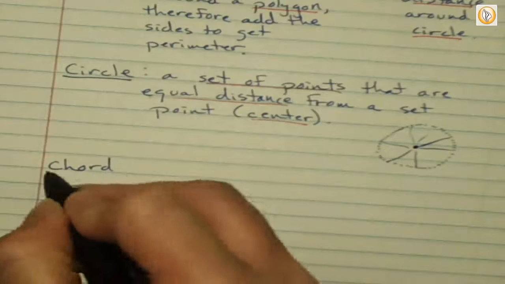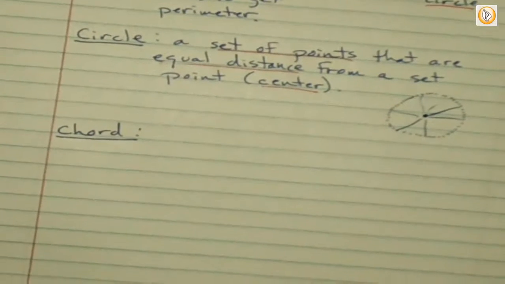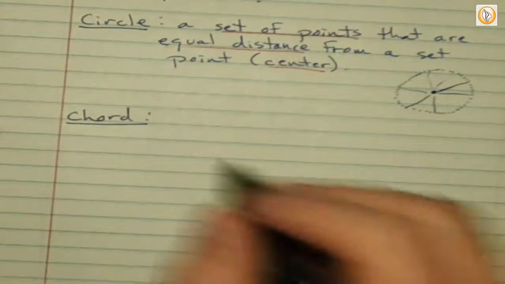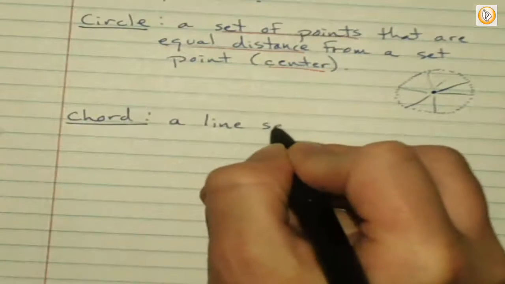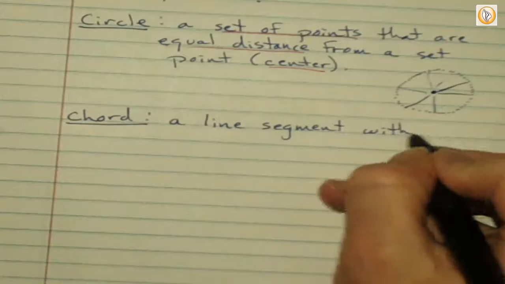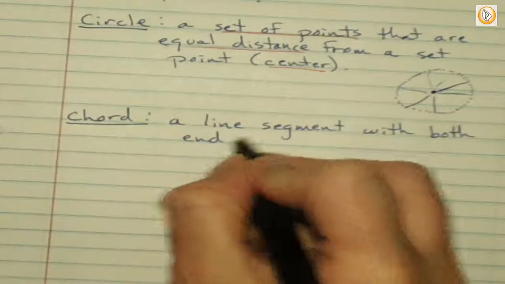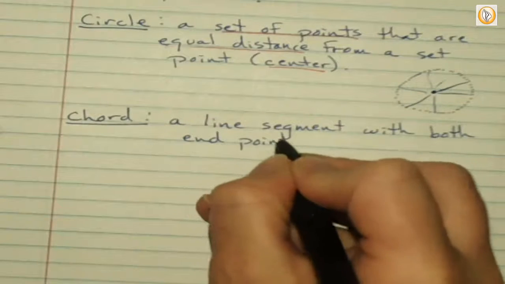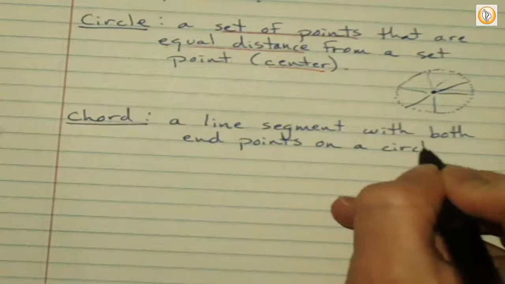All right, chord. See, we're learning all the different parts of the circle. And you need to know this. It's a line segment with both endpoints on a circle.